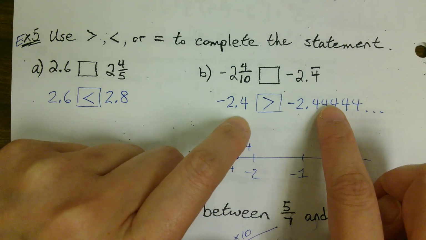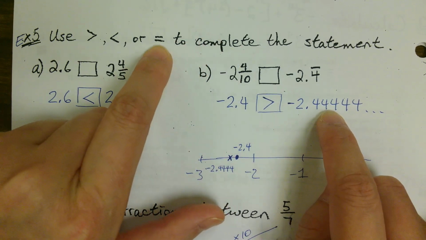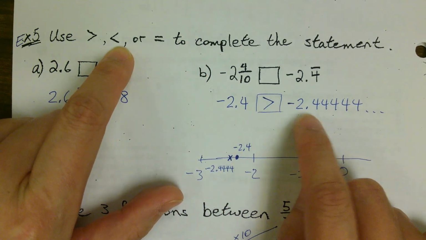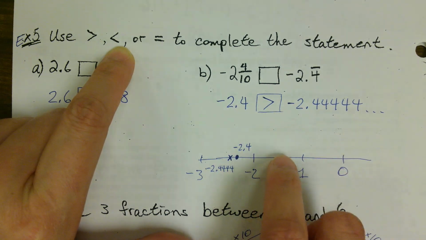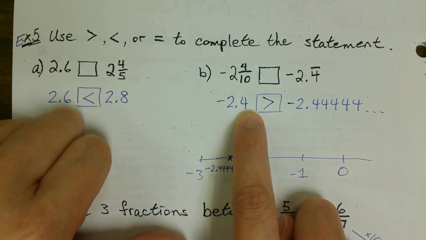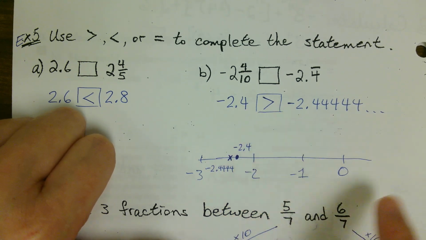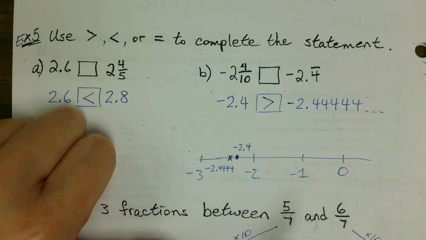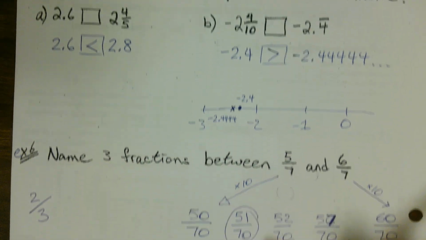So when you compare, they're not the same number. So it's not equal to, and it's not less than because they're negative. When they're negative, it's the opposite. So negative 2.4 is actually greater than negative 2.444. If you draw it on a number line, you can see that negative 2.4 is closer to 0, which makes it bigger.